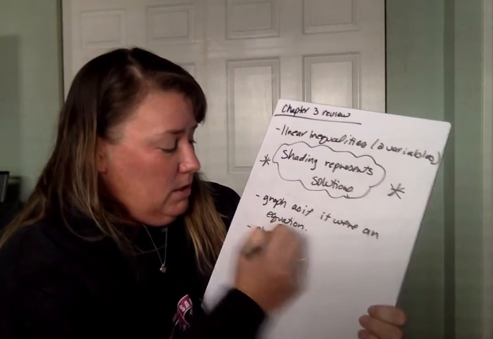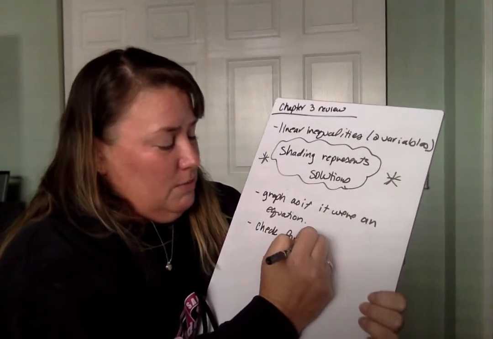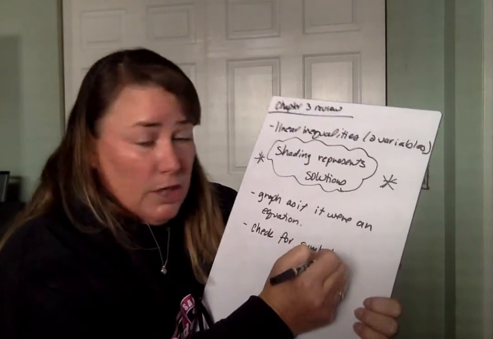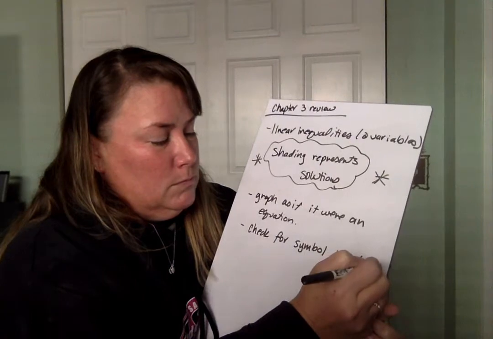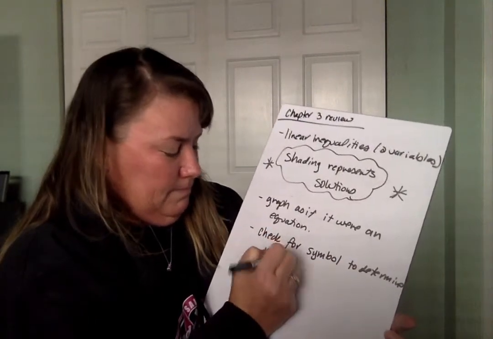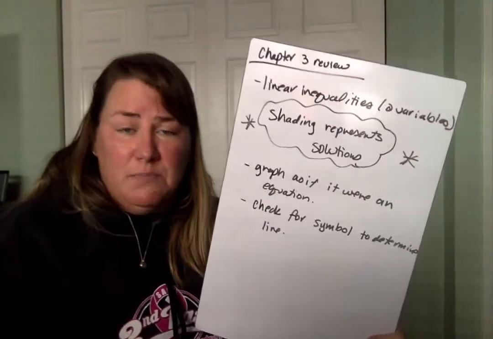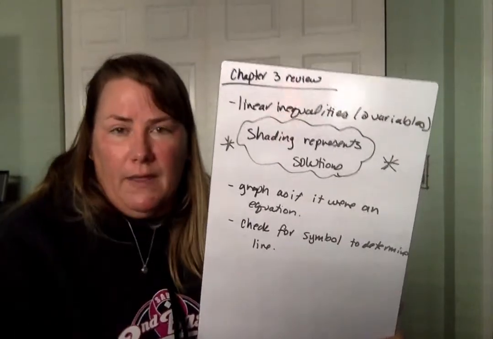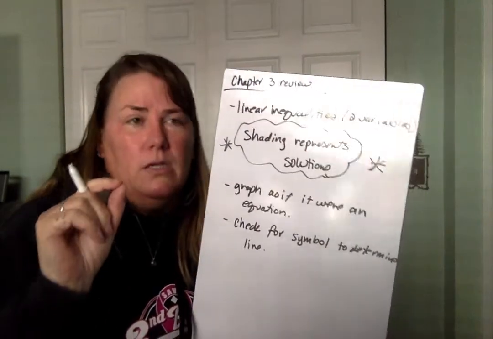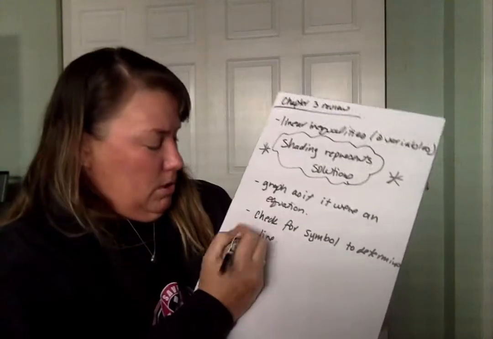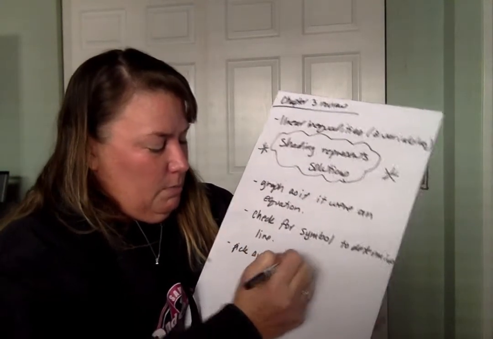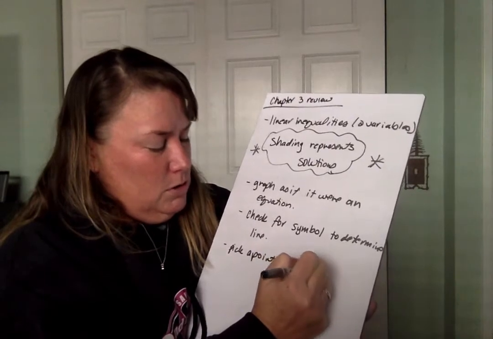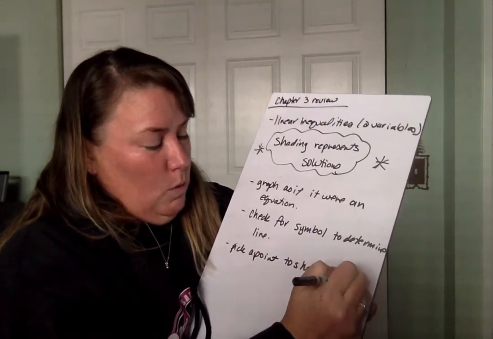Check the inequality symbol to determine the line. And then the last part, the most important part, is you've got to pick a point to show where the solutions are.